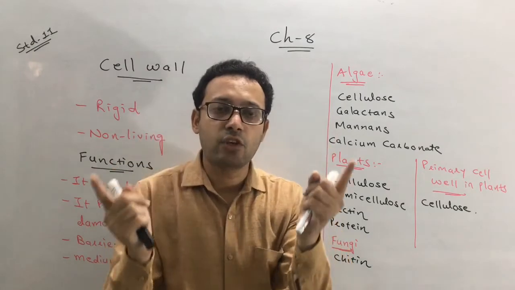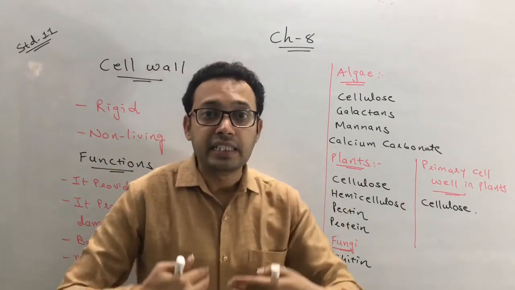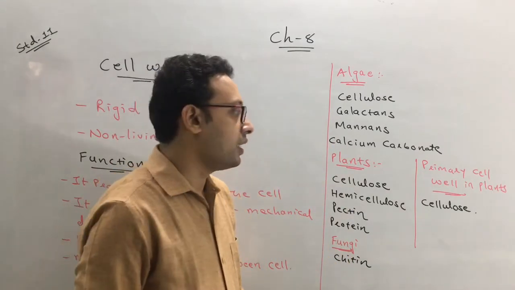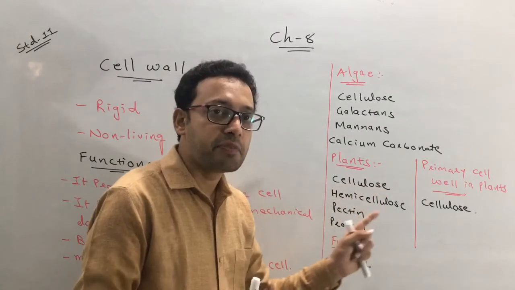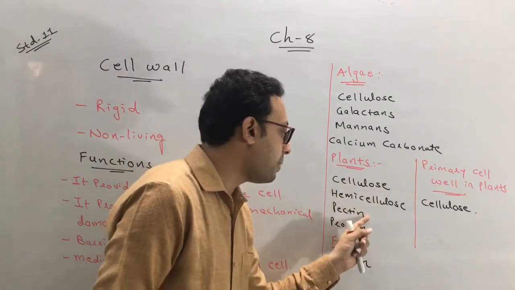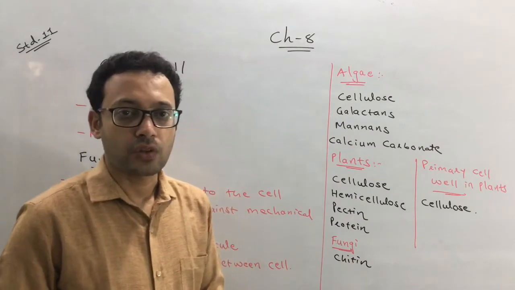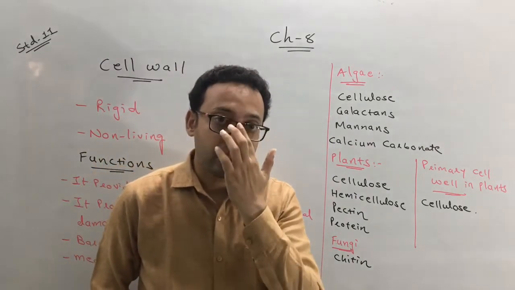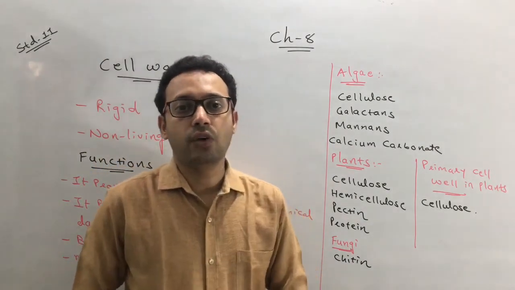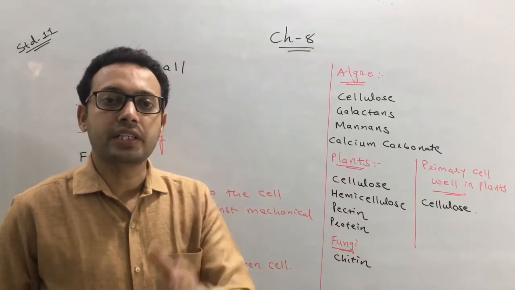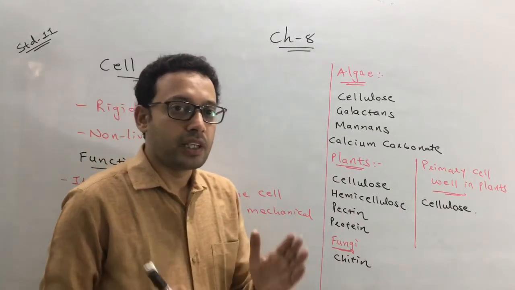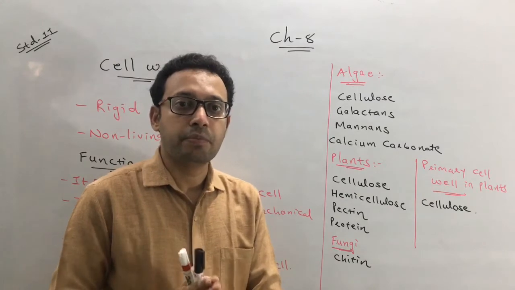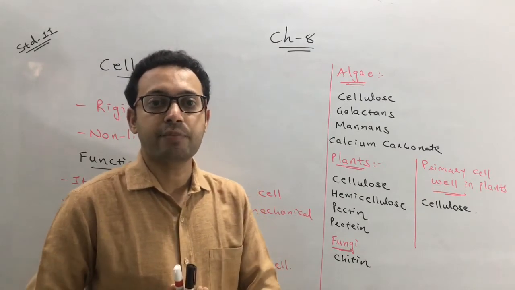Later on, there is a development of a secondary wall inside it, and that secondary wall contains a deposition of hemicellulose, pectin and protein. So the composition of the cell wall may vary from one living organism to another. Remember the composition of the cell wall of different types of cells.